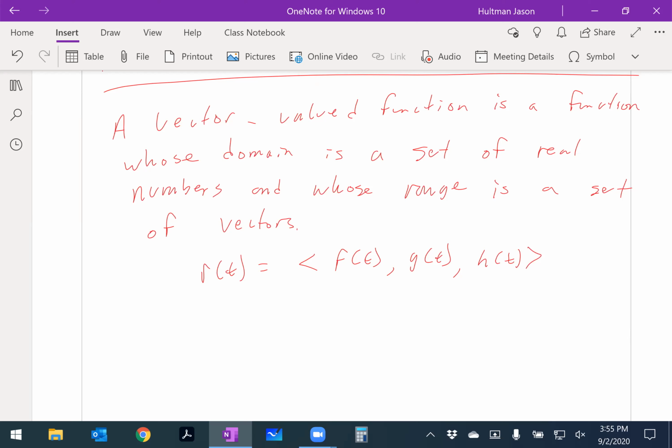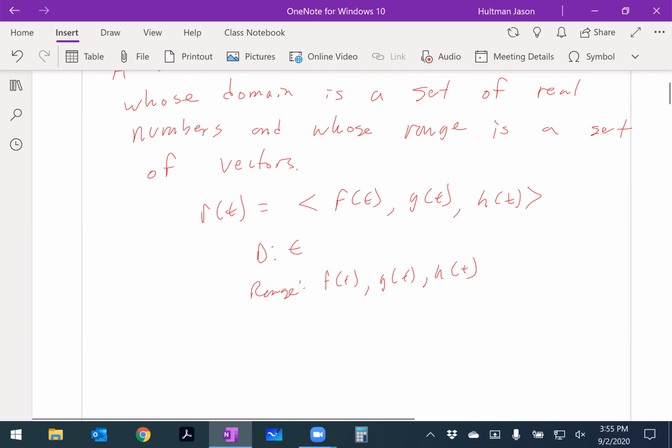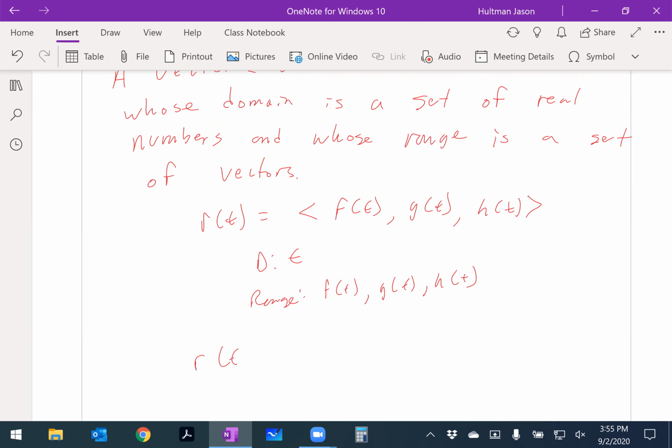So the domain here is t, and the range is f of t, g of t, and h of t. If we want to put this into standard basis form, this would be f of t i plus g of t j plus h of t k.